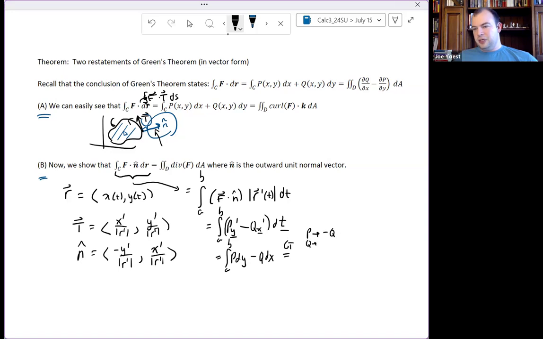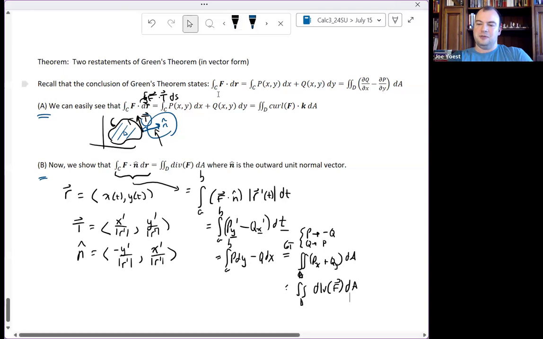And if we apply Green's theorem here, P and Q are swapped a little bit in this version, so to apply Green's theorem, we have to make a little bit of a change. This is the double integral over D of Px plus Qy dA, which is the double integral over D of the divergence of F dA. That's a scalar function, so it doesn't need to be dotted. The details are in the book.